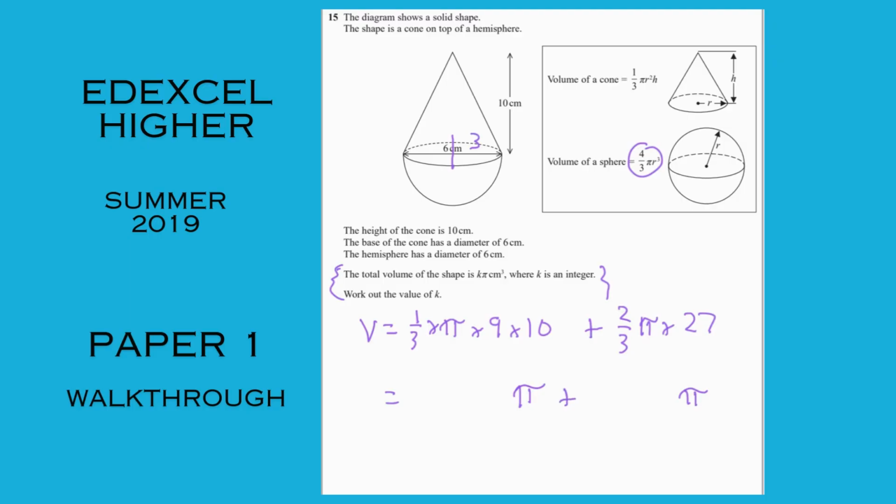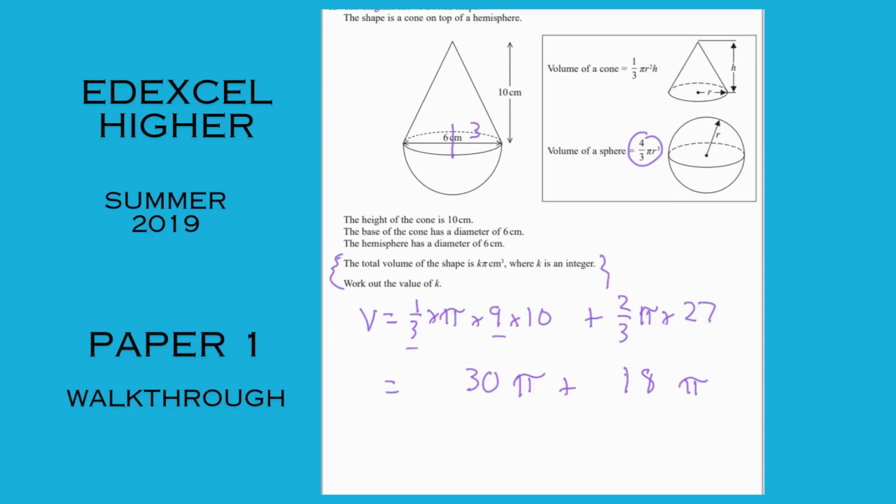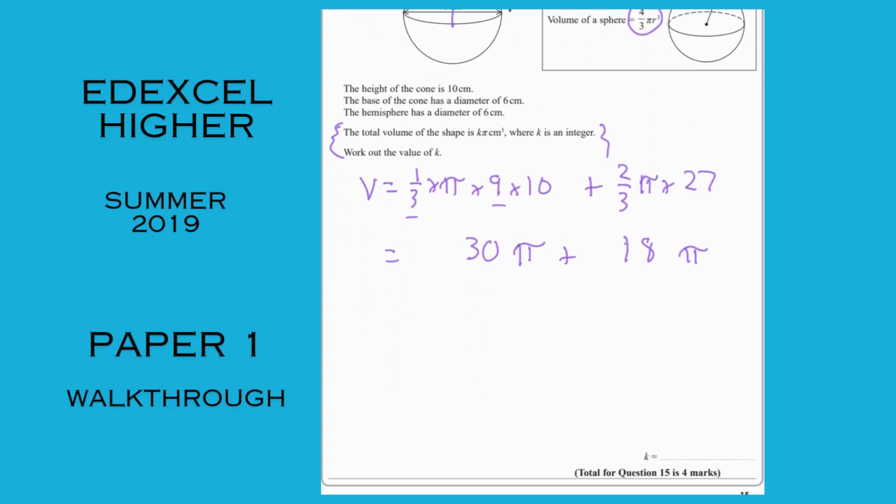Non-calc, the numbers have worked out nice. You've got a third times 9, that's 3, times 10. Here, 27 divided by the 3 gives you 9, but doubled because of the top gives you 18. Turns out quite a nice question, this. You add them together, you get 48 pi, so K is 48.